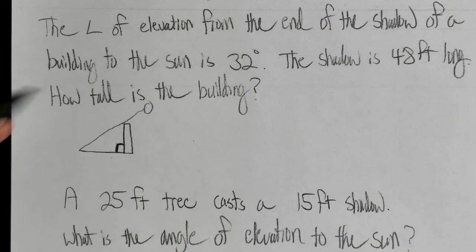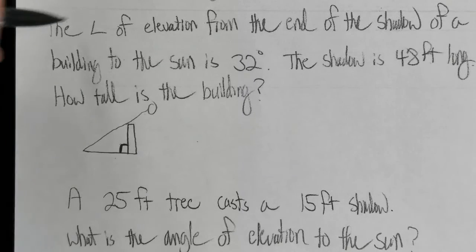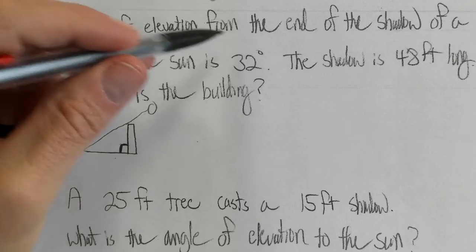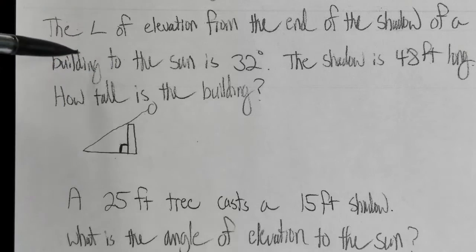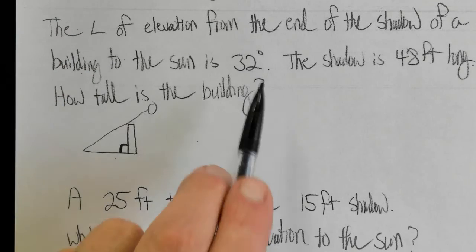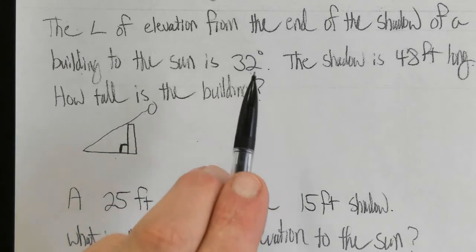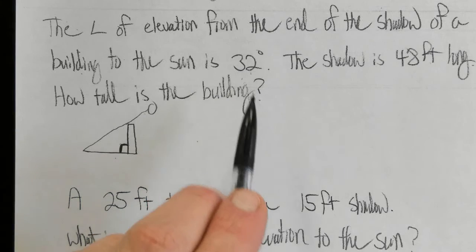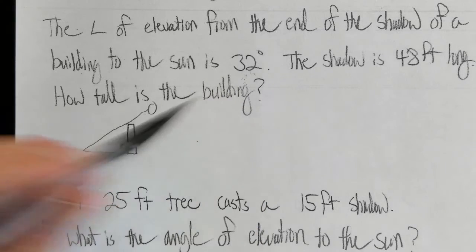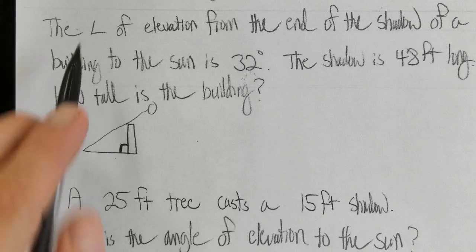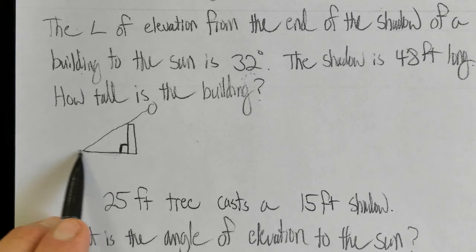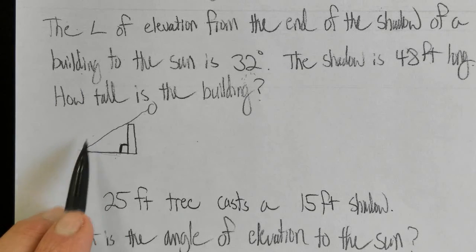Now, let's fill out the parts that they've given to us. It says the angle of elevation from the end of the shadow of a building to the sun is 32. Now, here's the key. We've got to put the right parts in the right place. So where is my 32 degree angle? It is from the end of the shadow up to the sun.